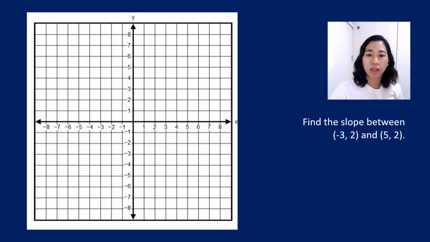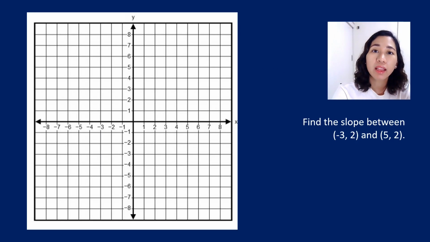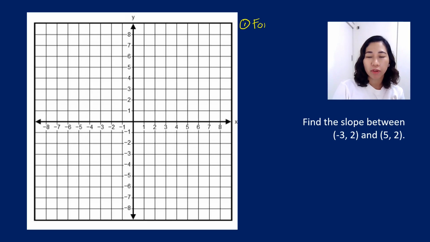Alright, so let's have another example. We want to find the slope between (-3, 2) and (5, 2). Now, in our previous example, the x-coordinates were the same. This time around, the y-coordinates are the same. What will happen with that one? So, first method, using our formula. My slope, I will start again with this point.